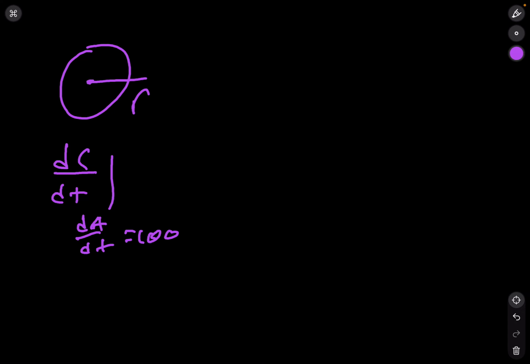I don't know, something like that. And let's say the radius was 5, for some reason, I have no idea. So we have the area, and we're trying to find not the circumference, the diameter. My God. So we're trying to find how much the diameter is changing when the radius is equal to 5.